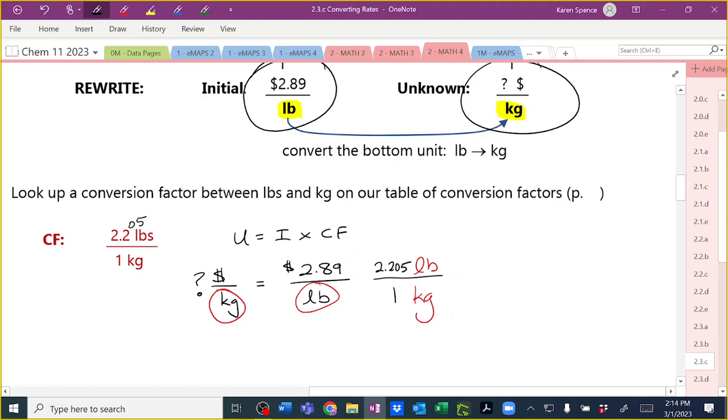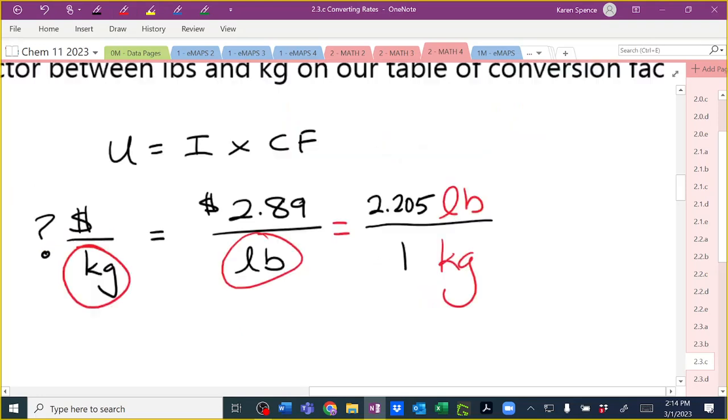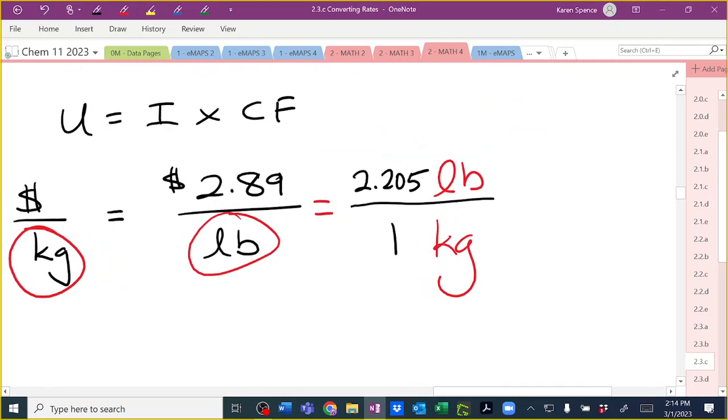Okay. Another thing, another common error, watch this one. Toss an equal sign in there. No, it's not an equal sign. It is a times sign.